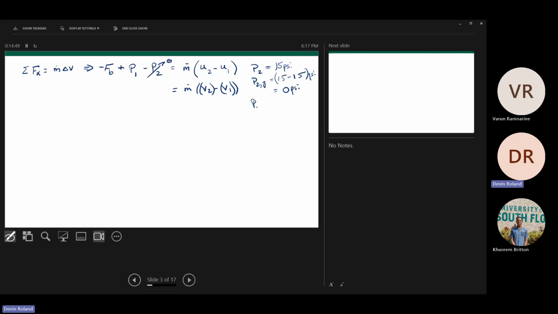And P1 is 38 PSI, so P1 gauge is 38 minus 15, which is 23 PSI.